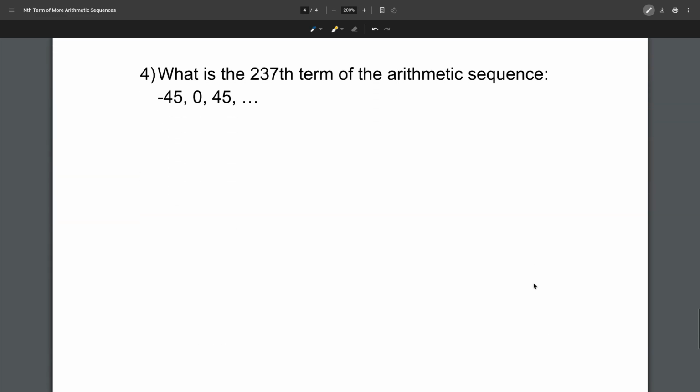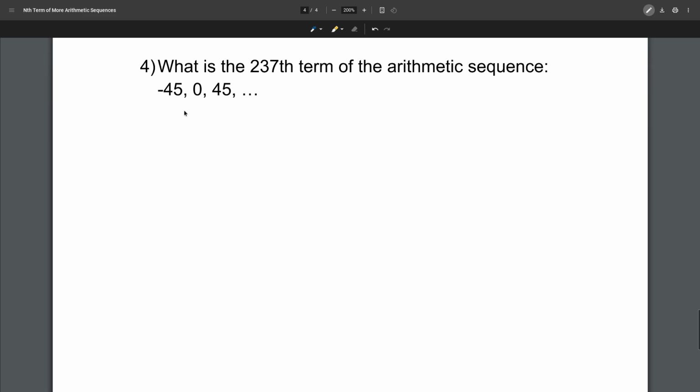All right, this one. What is the 237th term of the arithmetic sequence? We start at negative 45. We go up to 0, so we add 45. Then we go from 0 to 45, so we're adding 45. Okay, so we're going to look for the 237th term.